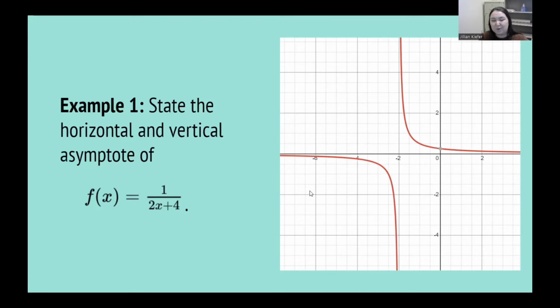Then you also want to think about the horizontal asymptote. So we want to look for the value of y side to side that our function looks like it's not crossing, especially mostly towards the ends. And if we're looking, it looks like our function is not going to cross the x-axis. That is the same thing as saying y equals 0.